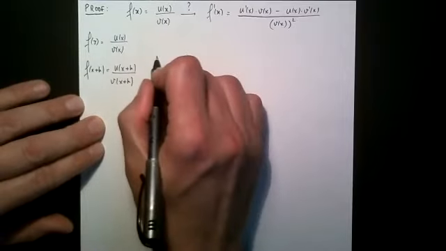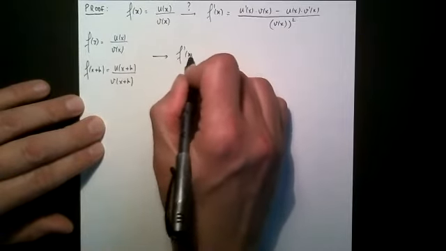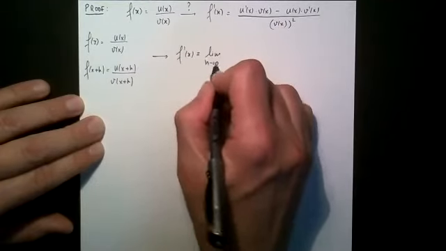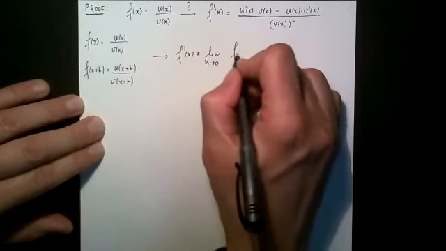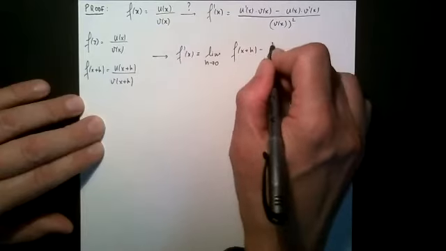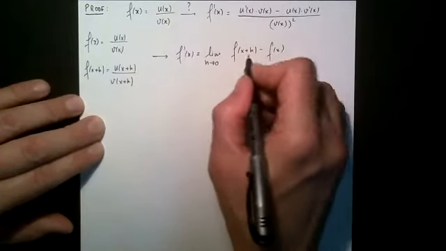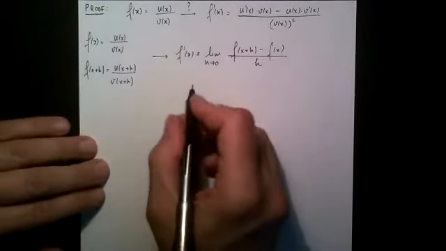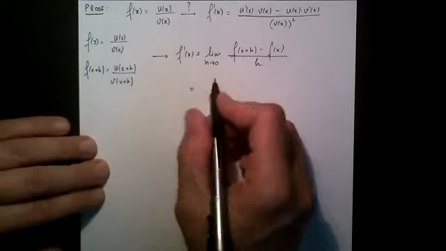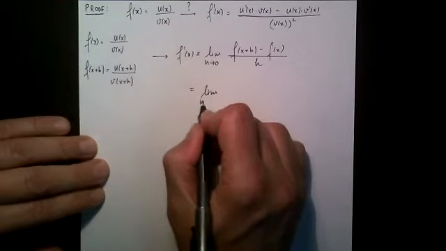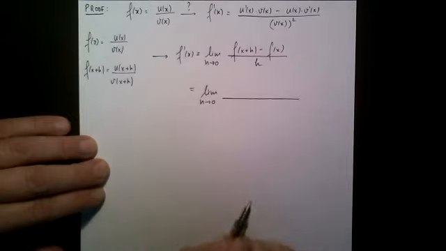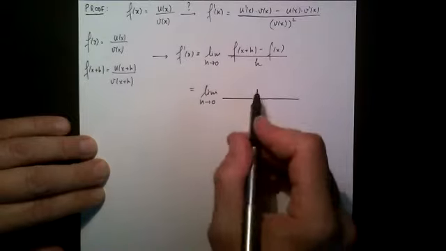Okay, and then from here, I could find what f prime is. Limit as h approaches 0. I'm just applying the formula f of x plus h minus f of x over h, which is equal to the limit as h approaches 0 of what? Can you tell me? Yeah, go ahead.